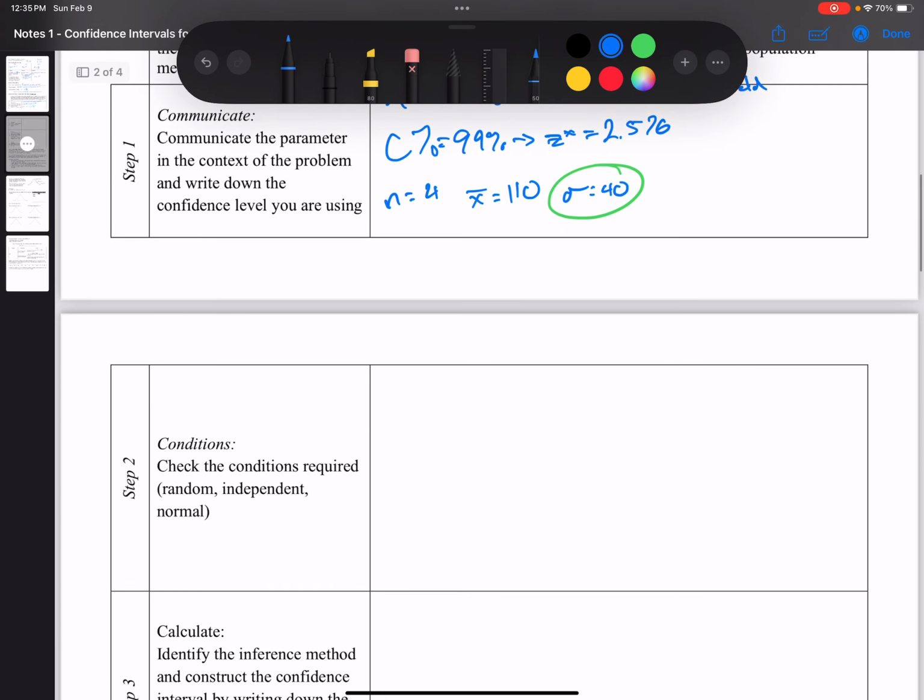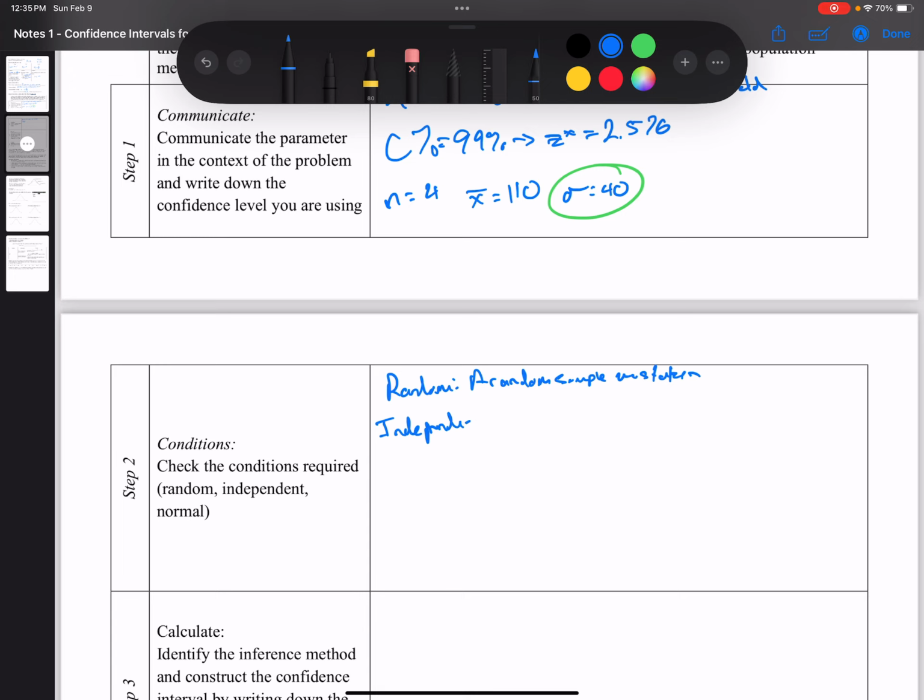Okay, check our conditions just like usual. Got to check to see if it's random, and a random sample was taken. It is indeed independent.